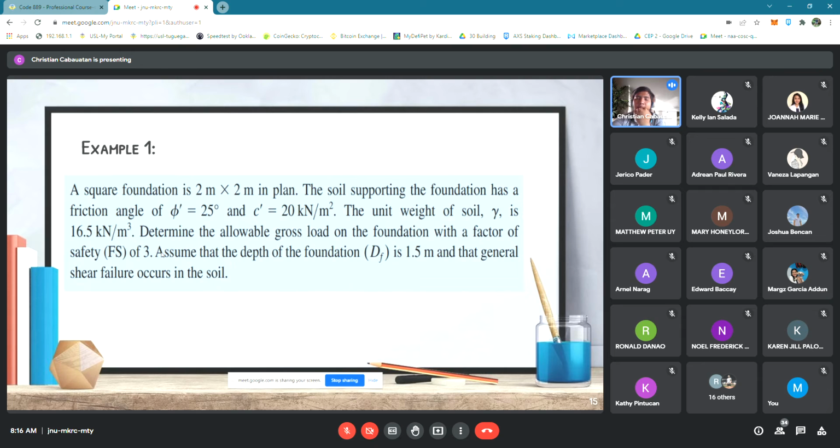Our task is to find the allowable gross load. And we will be using the general formula for this problem, the general shear failure. The one from earlier.